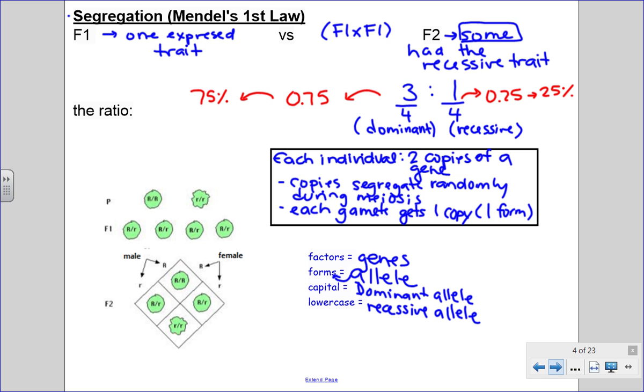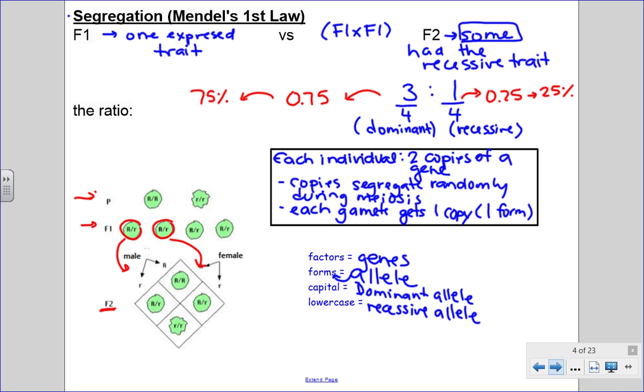Over here, we have just a little representation now of this entire cross. So this and this were on the previous slide. They're just reminding you what the parental and the F1 generation look like. For the F2 generation, we're saying we took 2 of these and we crossed them together.